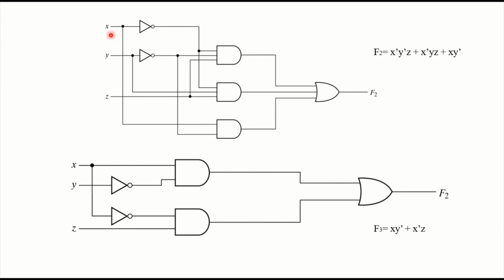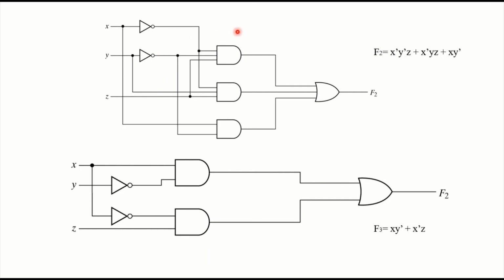So here we took X, we apply a NOT gate over here. Here we are getting X bar. We took Y, we apply a NOT gate over here. We are getting Y bar here.